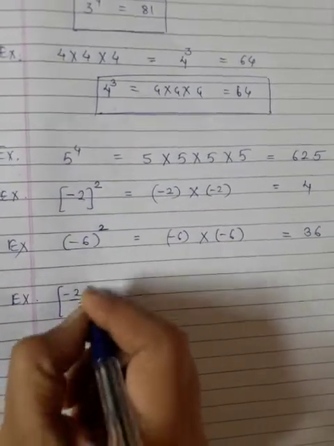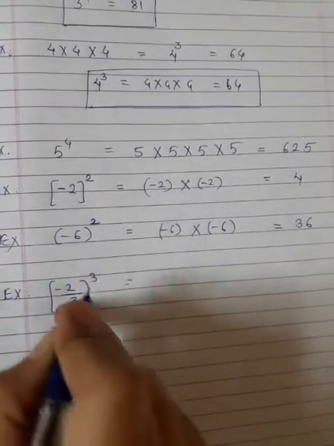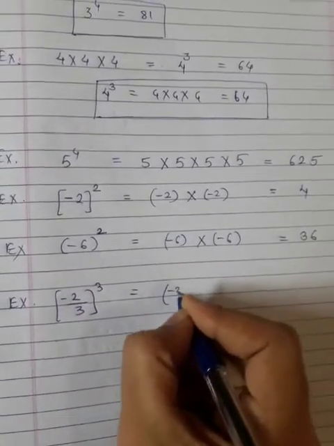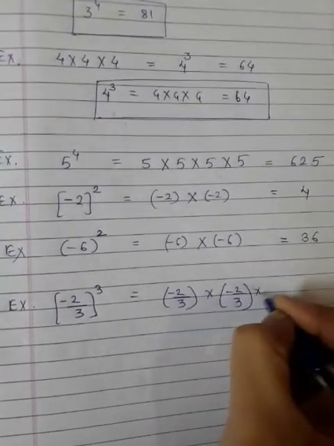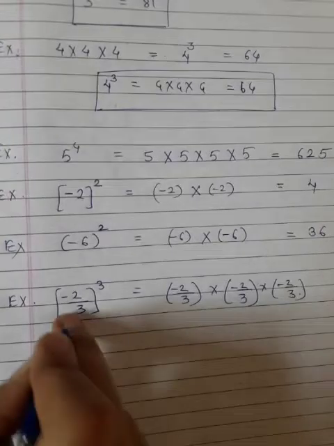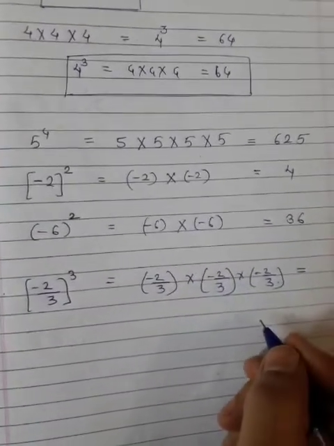Minus 2 by 3 raised to 3 means multiply this number how many times? 3 times. So the number is minus 2 by 3, minus 2 by 3, minus 2 by 3, multiplied 3 times, and you can find its value.